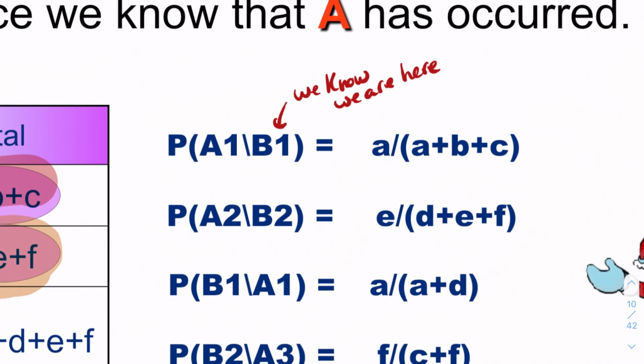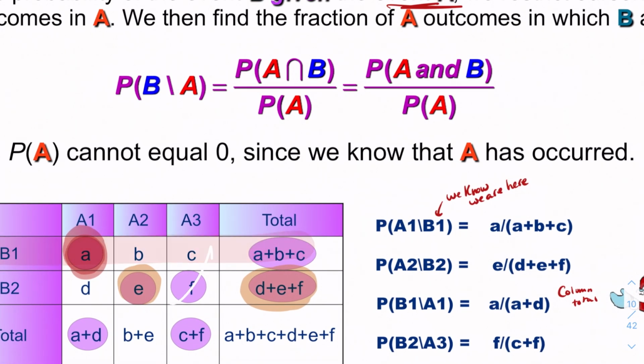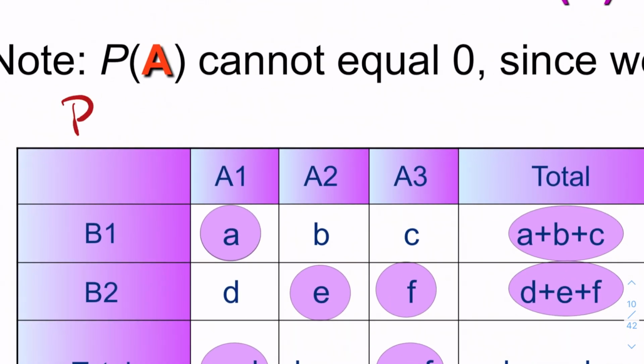What happens if we reverse this knowledge? What's the probability that B1 occurs given A1 happens? So this is now looking at the column total. So instead, I'm going to delete these two. Let's pick a different color. Let's say purple. If we're looking at the probability that, what's the chance that B1 happens given we already know A1 occurred?